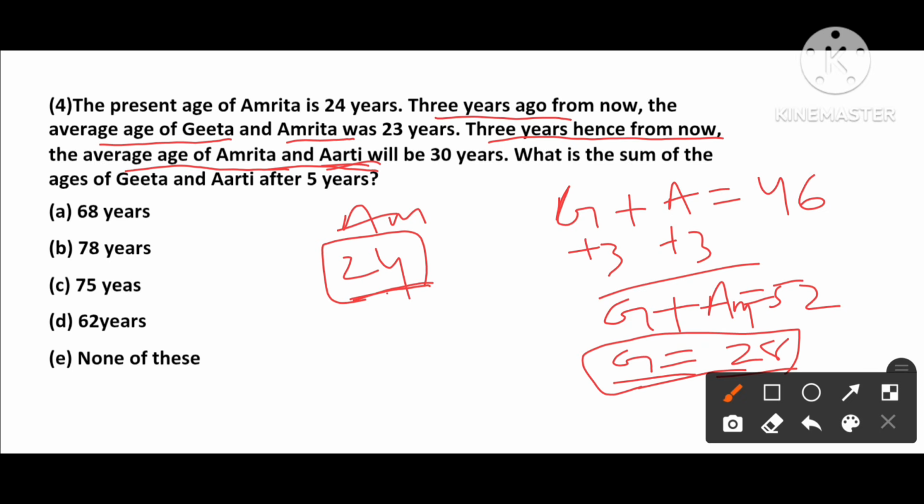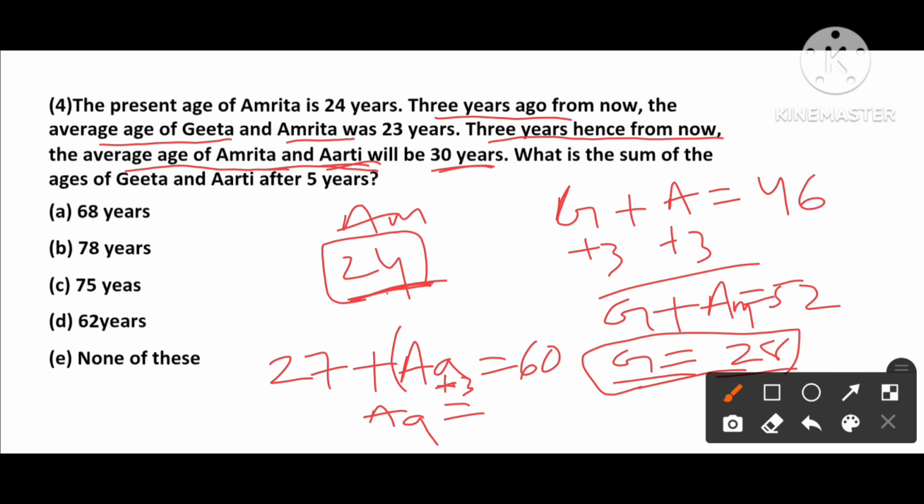So we know that the age of Amrita is 24. 3 years hence means her age will be 27. And Aarti's age we don't know. Saying that their average is 30 means total will be 60. So 3 years hence, Aarti's age will be 60 minus 27 which will be 33.